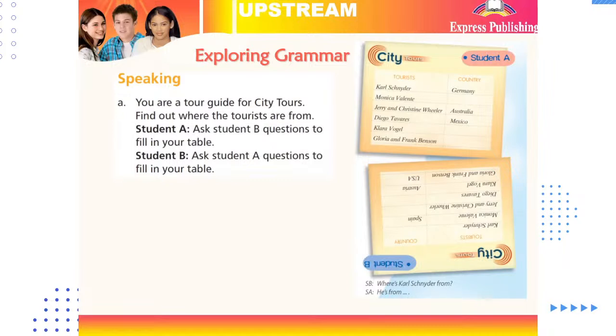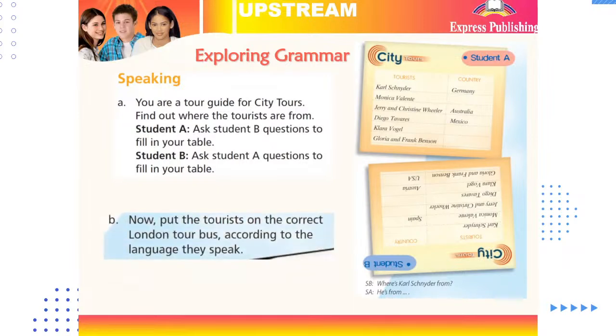For example, this particular task involves students working together as part of a city tours team to find out where various tourists come from. And this involves them asking each other questions to complete their student cards with the information that they need. And to do that, they need to use the grammar that they have been studying in this particular lesson.